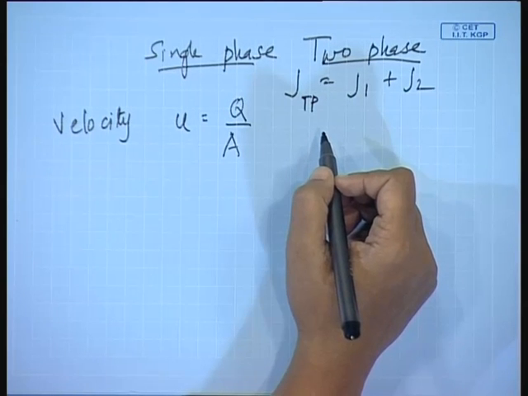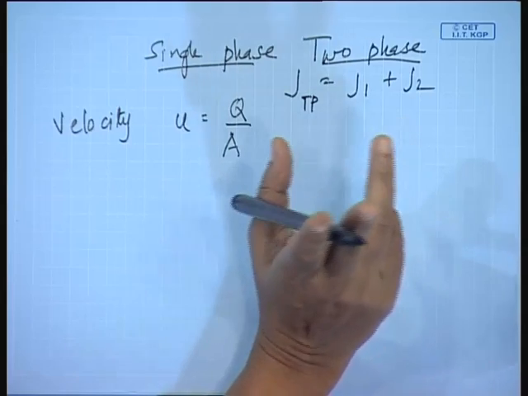See, remember one thing, we are having two parameters Q1, Q2. We are having total cross sectional area A, and we are having A1, the actual cross sectional area occupied by phase 1, is it not?